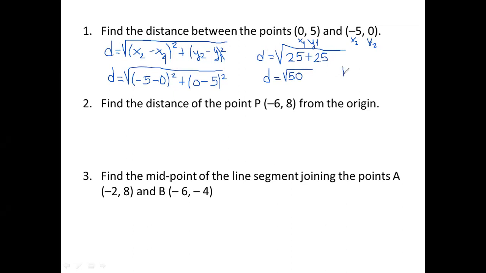I can write 50 as 2 times 25 in order to take something out in front of the square root. We can separate this into two square roots: the square root of 2 times the square root of 25. And we know that the square root of 25 equals 5.